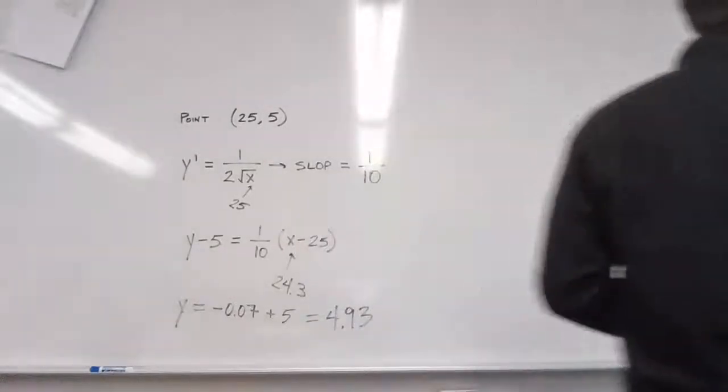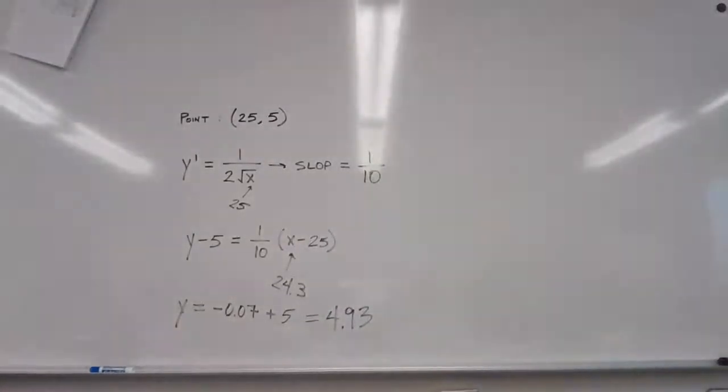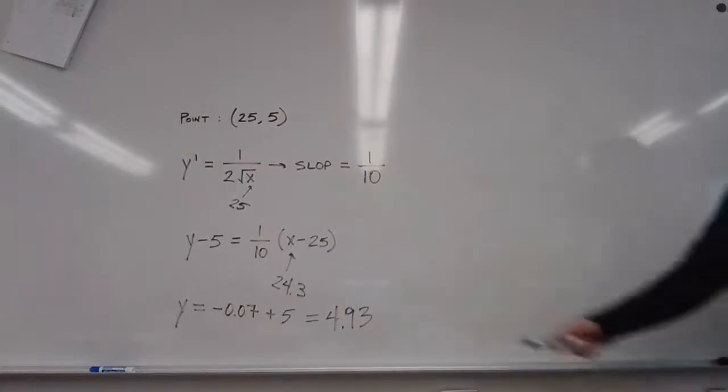So 4.93, it turns out, is the answer. How do we feel about that? Oh, these decimals are gonna be the death of me. Decimals. Decibels. It wouldn't even matter if I converted the fractions. You can do fractions. This would be 7 tenths.